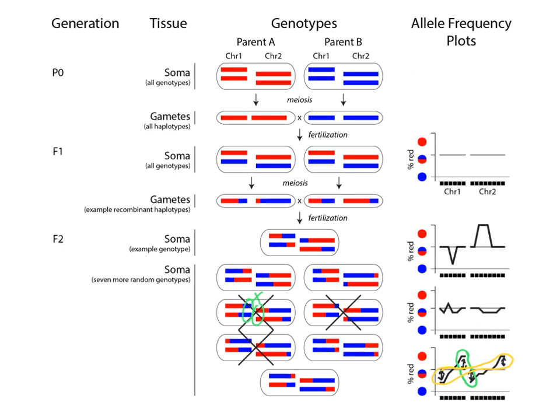Not only were they, as already drawn, blue on the right end of chromosome 1 and red on the left end of chromosome 2, they also happen to be, as you can see, these eliminations were also of individuals that were red at the left end of chromosome 1 and also blue on the right end of chromosome 2. And that is why that valley and that peak are present in this plot as well.